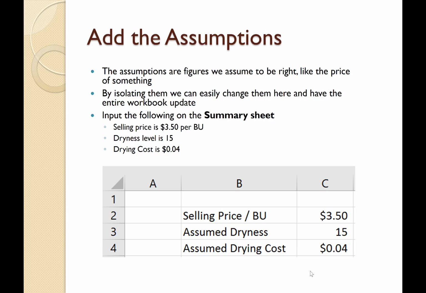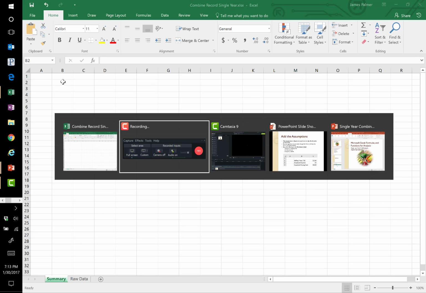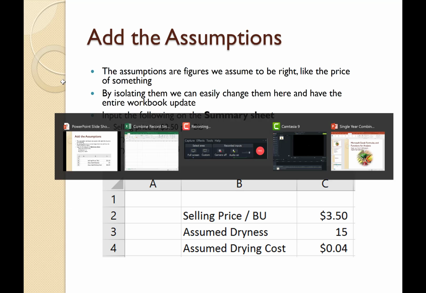So let's go to the summary sheet and let's input these in. Selling price per bushel, assumed dryness, and assumed drying cost. And I'll bounce back and forth because I won't remember these either. Okay, so here in our spreadsheet, in the cell of B2, we're going to put what our first item is, selling price per bushel.